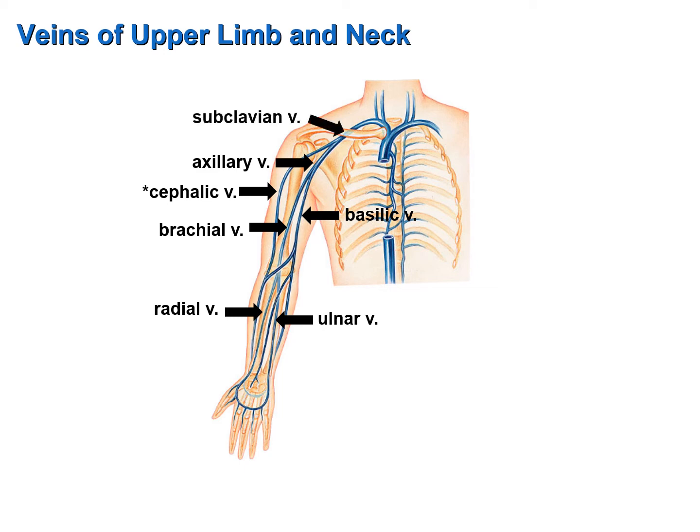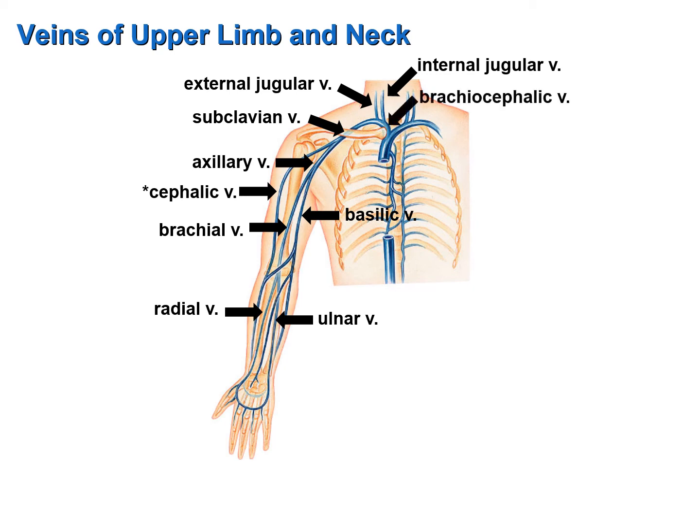The subclavian vein then merges with the external and internal jugulars, and the easy way to distinguish between the internal and the external is, well, the internal is more medial than the external. The internal and external jugular merge with the subclavian vein to form the brachiocephalic vein, and the two brachiocephalic veins merge to form the superior vena cava.